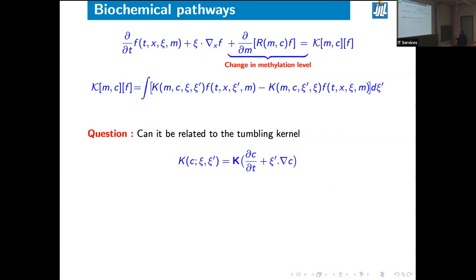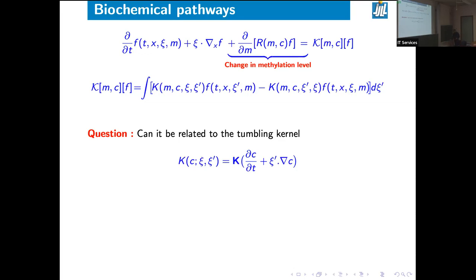So what you write is a kinetic equation, Vlasov type equation, Vlasov and scattering, where now the Vlasov term is more or less a reaction term, which tells you how the methylation will change by a chemical reaction. So you simply write here a chemical reaction m dot equal R of m and c.